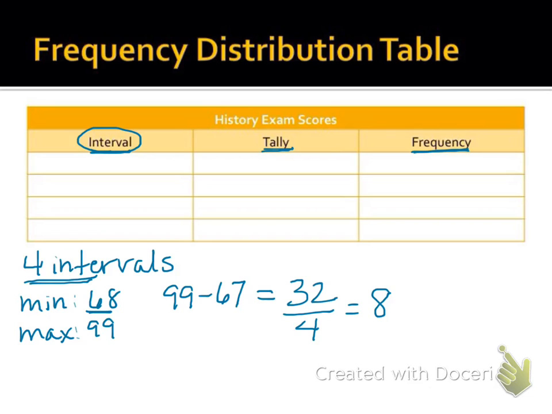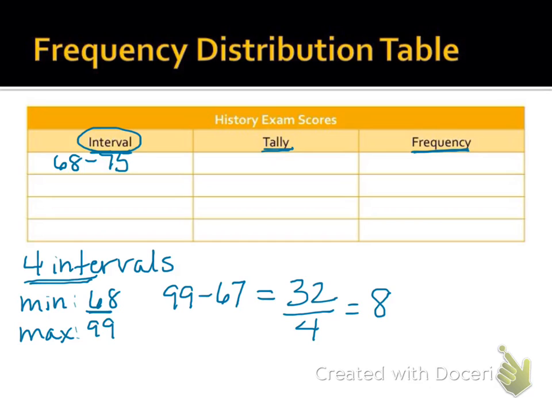in it. Okay, so I can start then with my lowest score of 68, but 68 is one of the numbers in the interval. So I really need to count 68, 69, 70, 71, 72, 73, 74, 75 as the 8th score that would be in that interval.